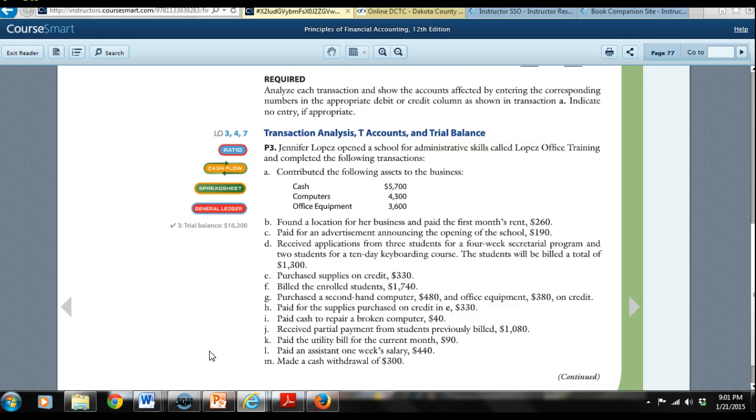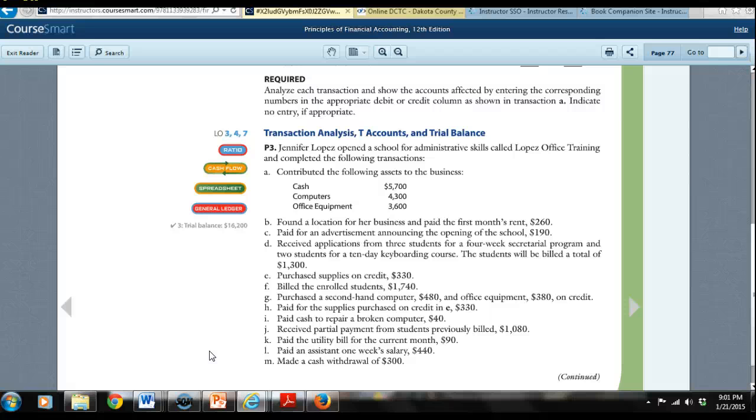Next, H, paid for the supplies purchased on credit in E for $330. Okay, let's think about that. What did we show in E? What did we debit and what did we credit? Supplies of $330. Accounts payable. So when we are paying that bill, we want to zero out that accounts payable, don't we?